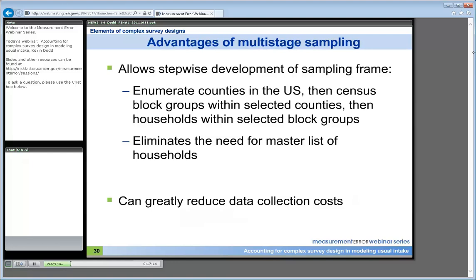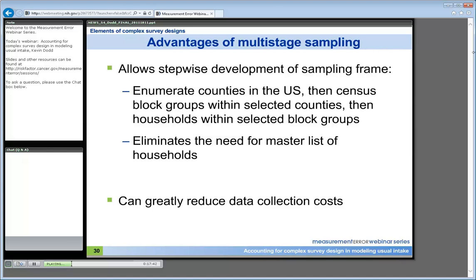So I said before that incorporating these survey design elements can decrease the costs associated with drawing up your sampling frame and figuring out how to contact prospective participants. Well, this is an example of that. With multi-stage sampling designs, like the one in NHANES, you can build up your sampling frame in a stepwise manner. So first you get a list of counties, and then draw your first stage sampling units. Then you get more details on just those counties you selected to pick your second stage units, made up of census block groups.